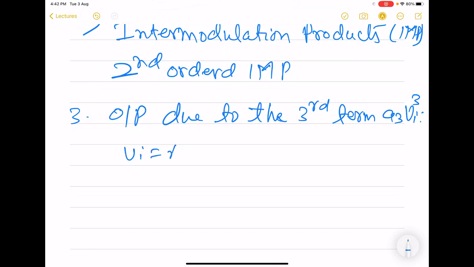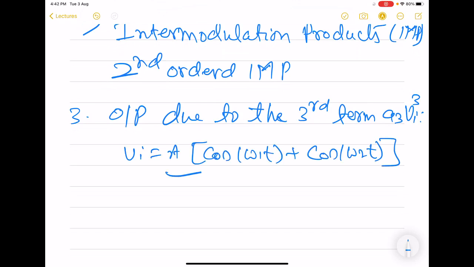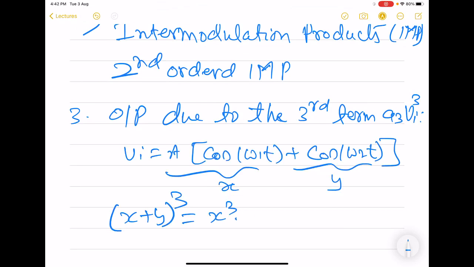So Vi is A times cos omega 1t plus cos omega 2t, right? So this whole thing is like x and this is going to be like y. So this cubic term will actually do this thing, and we know that this will give rise to four terms: x cube, y cube, 3x square y plus 3xy square.